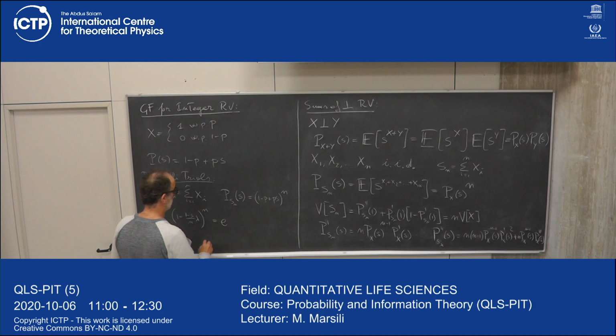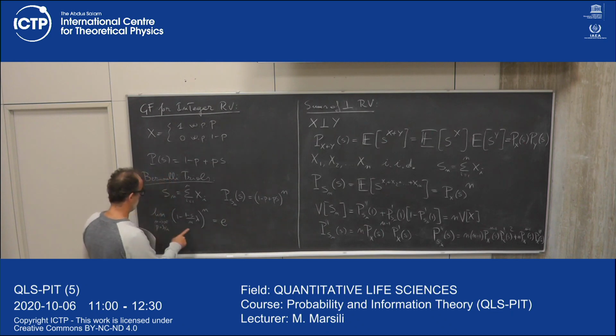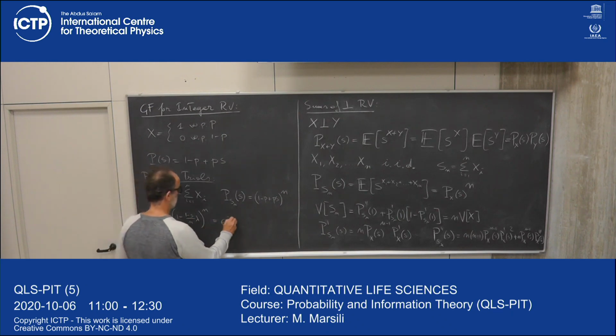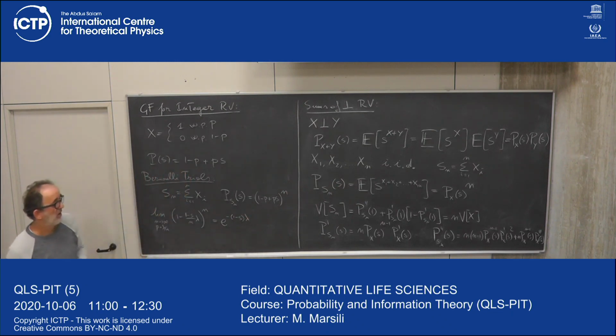So the generating function of the Poisson distribution can be derived quite easily from the limit of the generating function of the binomial distribution.